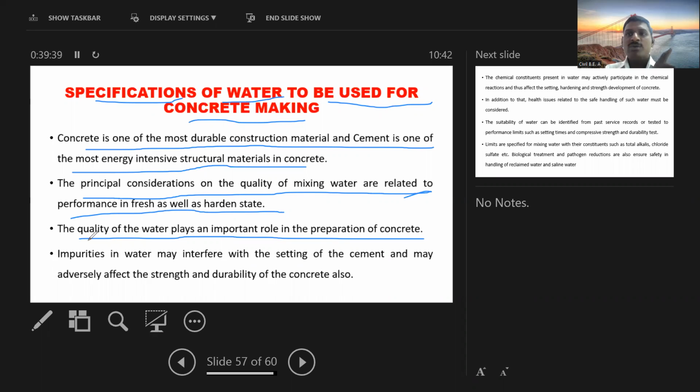There may be a pH value which should be in this range. So what is the pH value for potable water? Drinking साठी water आपण वापरतो, त्याची pH value ची range काय आहे? What is the range of pH value for the drinking water?